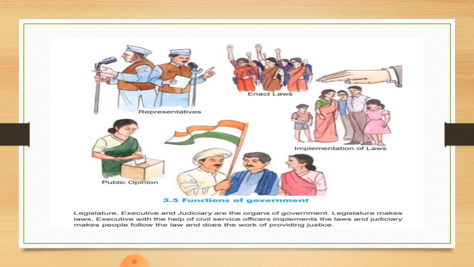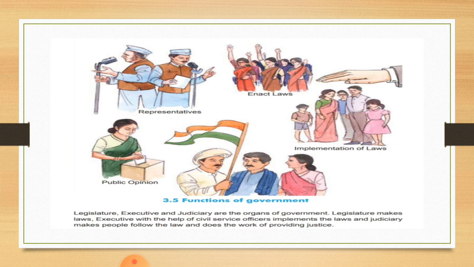And this is a picture of the functions of government. In this you can see representatives enacting laws, the implementation of laws, and public opinion, where we cast a vote. All these are the functions of government. Legislature, executive and judiciary are the organs of the government.